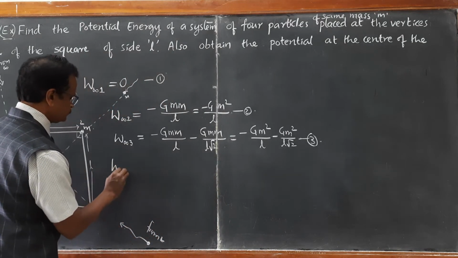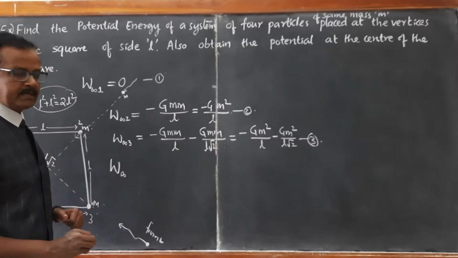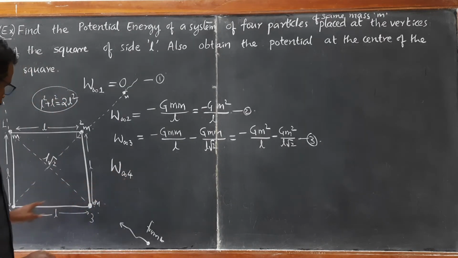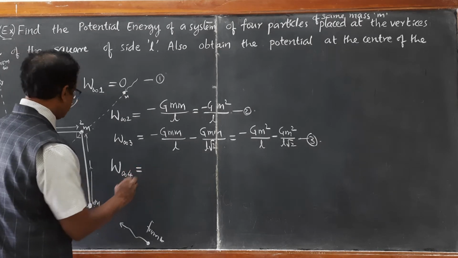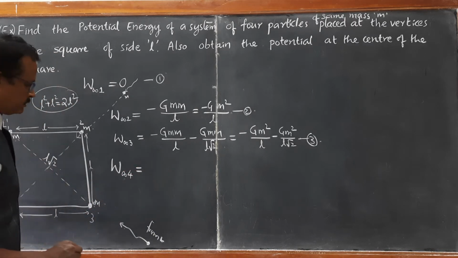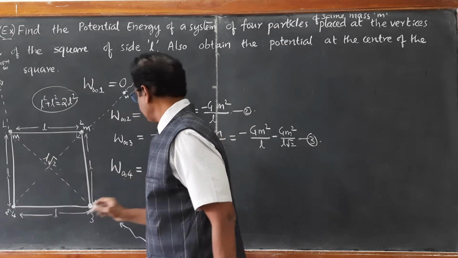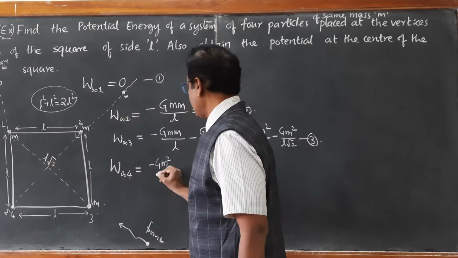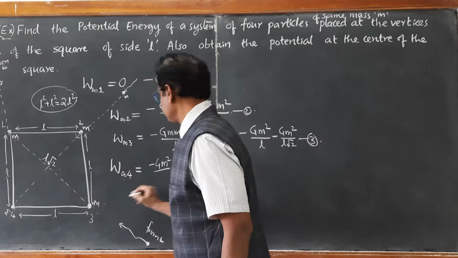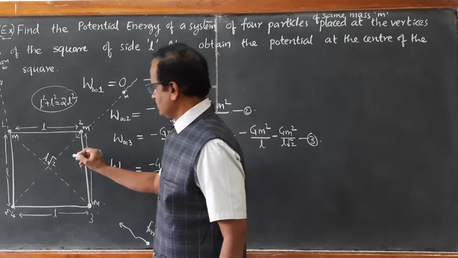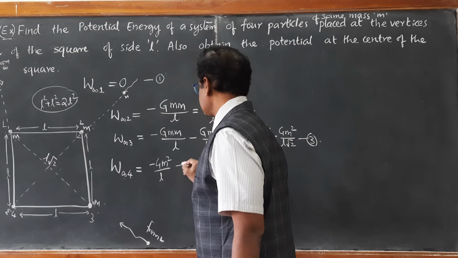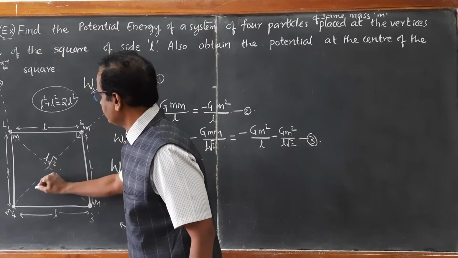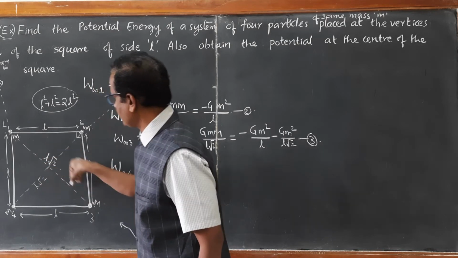Work done in bringing the fourth mass from infinity to the position 4, the fourth corner, is equal to, one by one I will write. With respect to the first particle, you can see here, it becomes minus G m into m, that is m square, divided by the distance between them, which is L. Then the second one, you see, minus G m square divided by L root 2, the way we have modeled earlier.